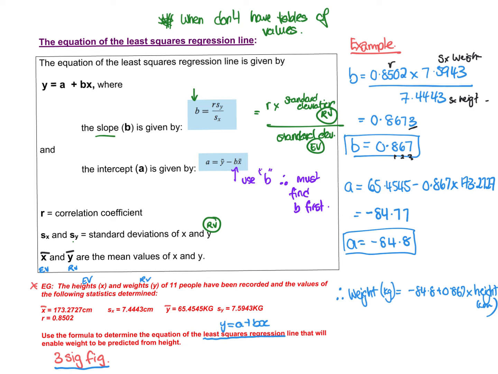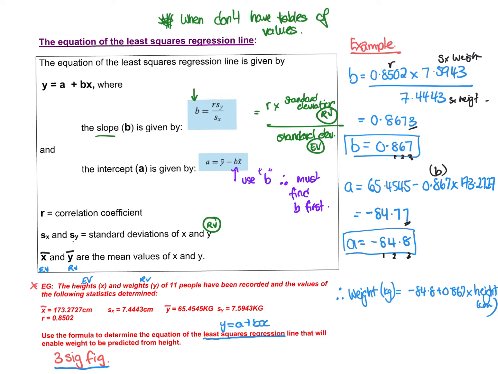Then I found the A formula, and you can see I've used the B value, the answer that I found before. Don't worry, they'll be very clear on which number to use or how to round. Some of you might have used the non-rounded value, but I just used it for this example. I end up with the A value being negative. With 3 significant figures, I start counting as soon as I have a non-zero: 8, 4, and then the third. Because it was a 7 after that, it had to go up.